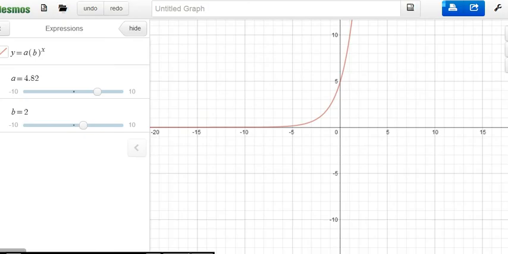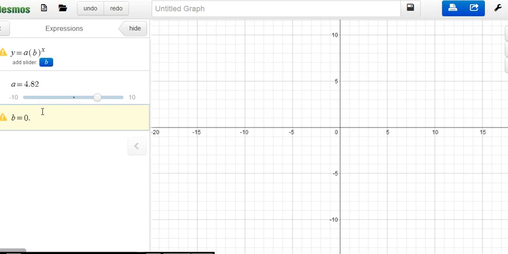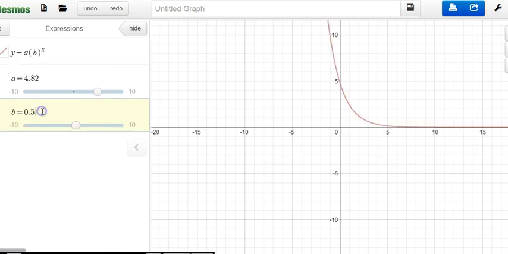Okay, again, let's go back, because I left b at 2, so what if we put b at 0.5? So there's b is 0.5, and I'll play with a again. So a is 5, y-intercept is 5. a is 10, y-intercept is still 10.